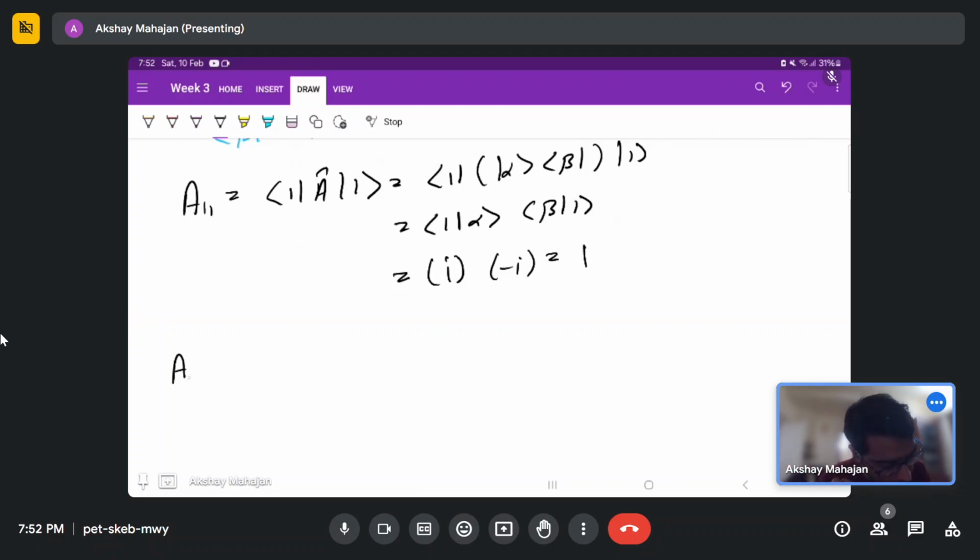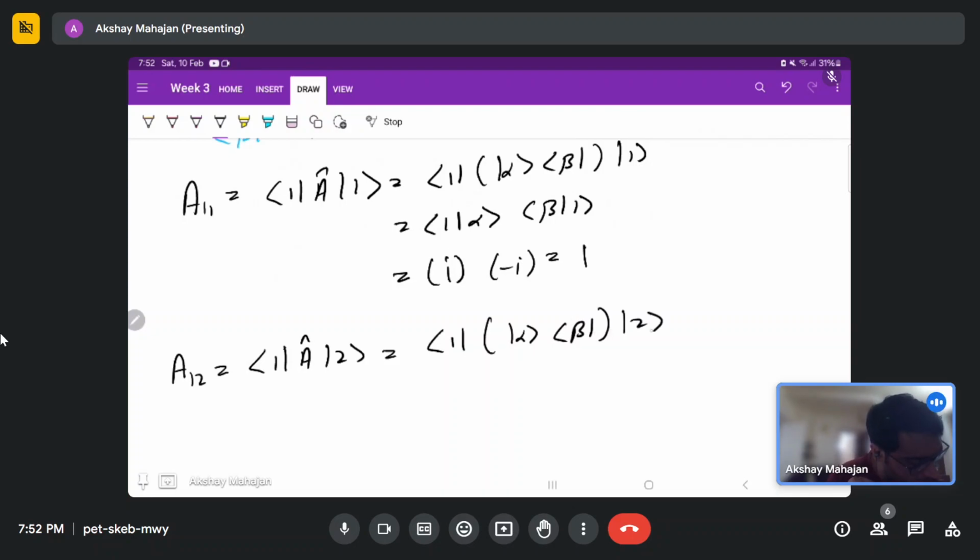Okay, let's say A12 you have to find. So that will be 1 A cap 2. Again you have alpha, you have beta, you have ket of 2, 1 alpha beta 2.